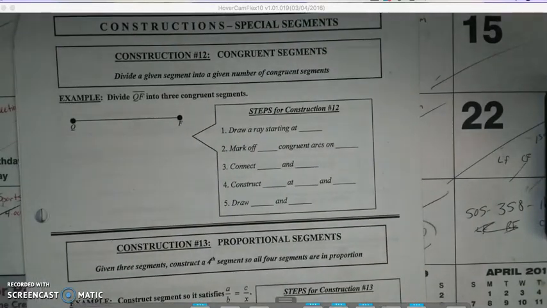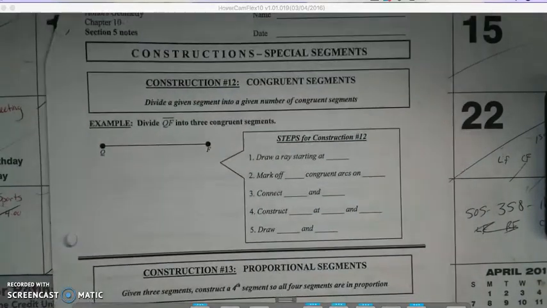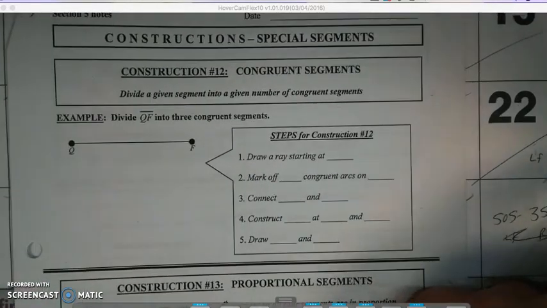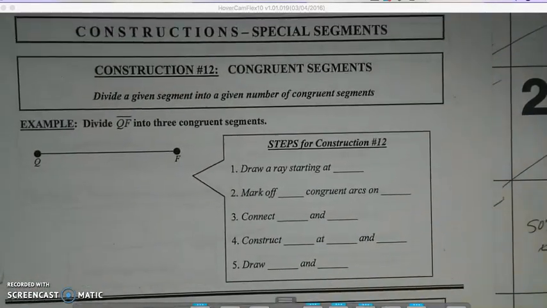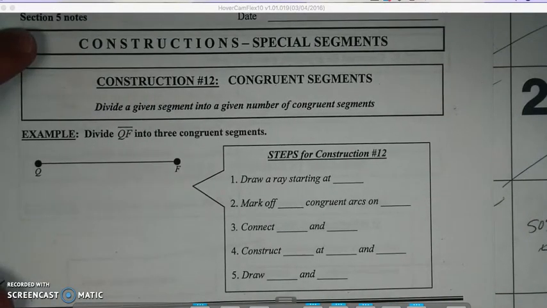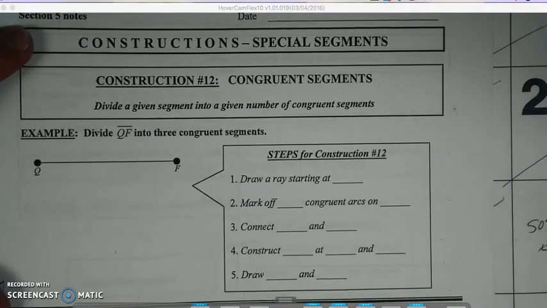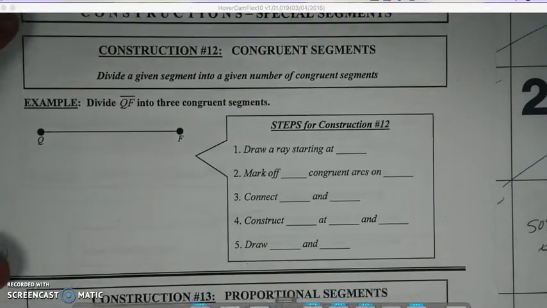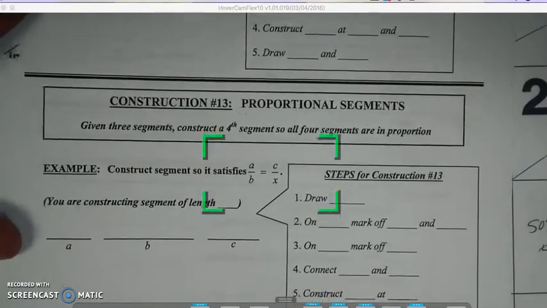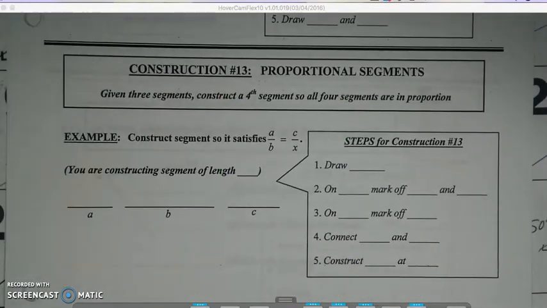So what I would like to do is try to finish up what we started in the notes on Tuesday earlier this week. I believe we got through construction 12, and I think we also finished construction 13. We got through those two together in class.